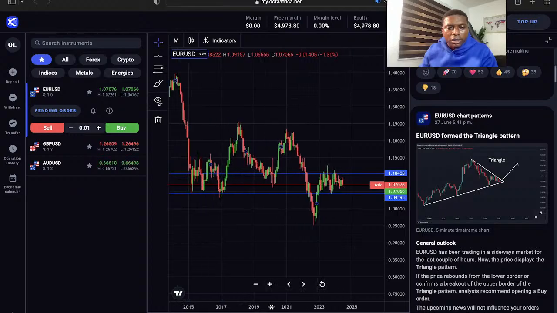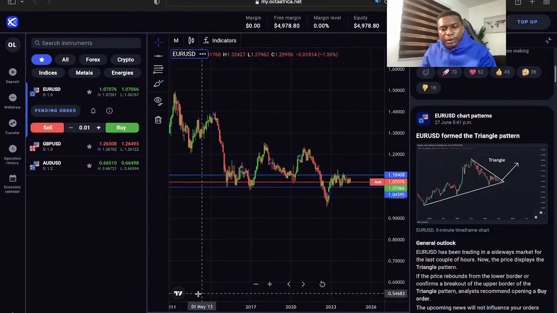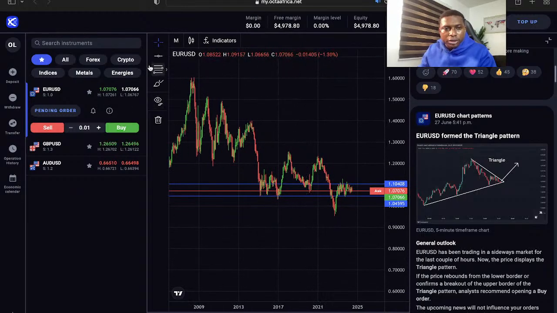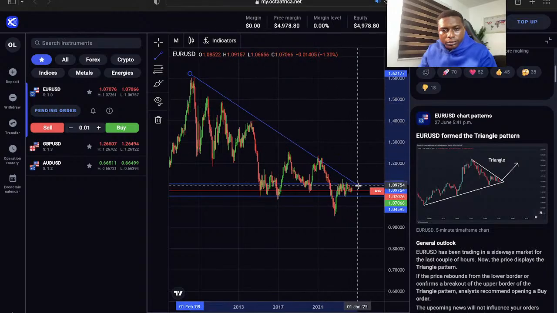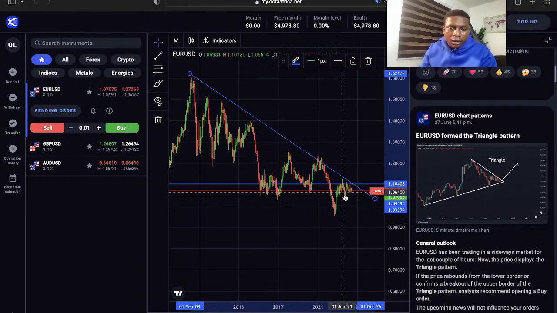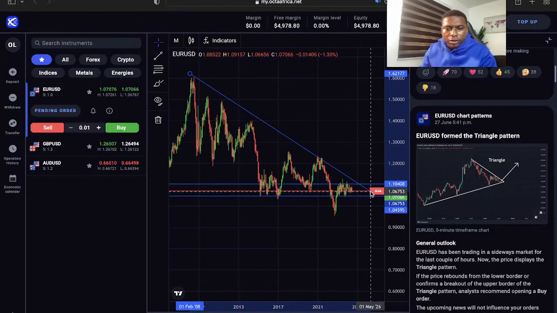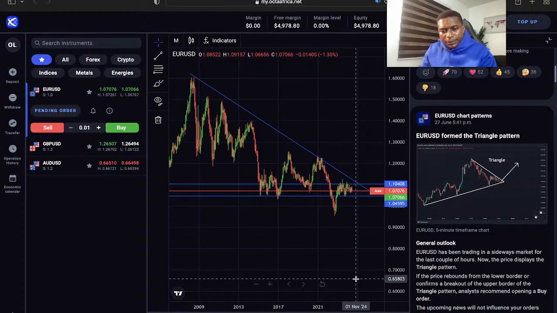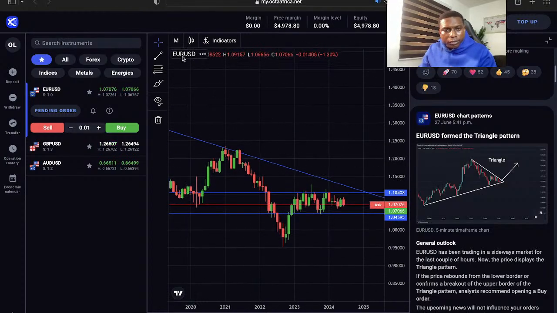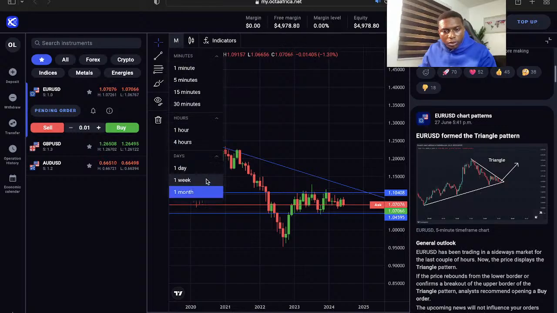When we look at the overall market movement, we can see that it is bearish from what we can see. Then we keep our eye on the current market price. Let's go down to the weekly time frame.